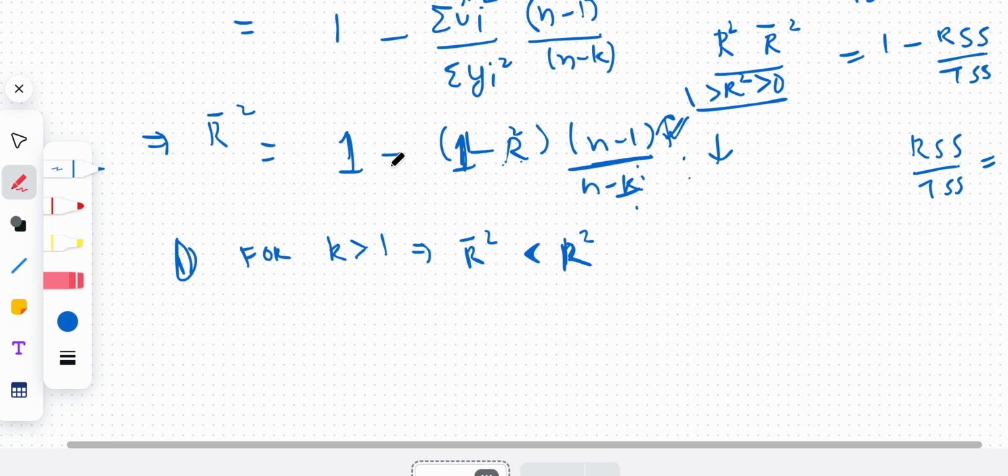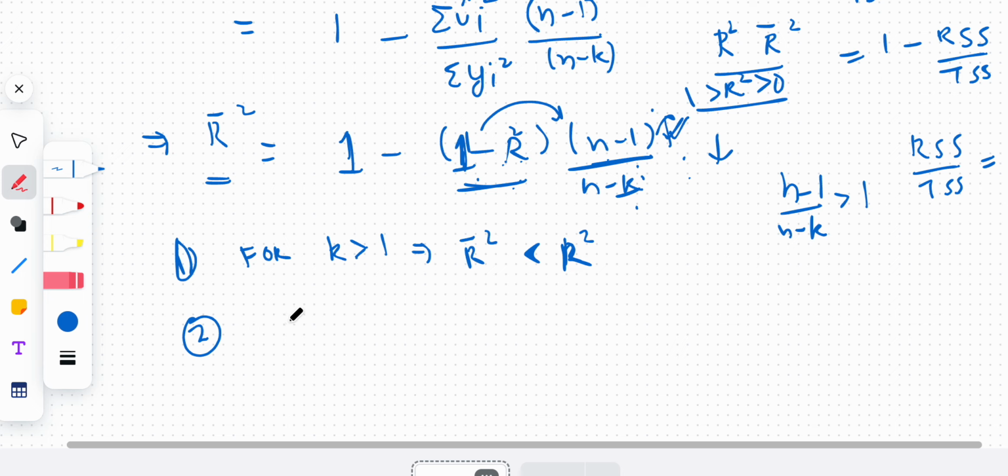That means I'll have to subtract a higher value. This item as a whole will be greater than 1, so whatever I'm multiplying with this will also be greater than or equal to this value. So if it's greater than or equal to this value, that means this is going to be smaller.